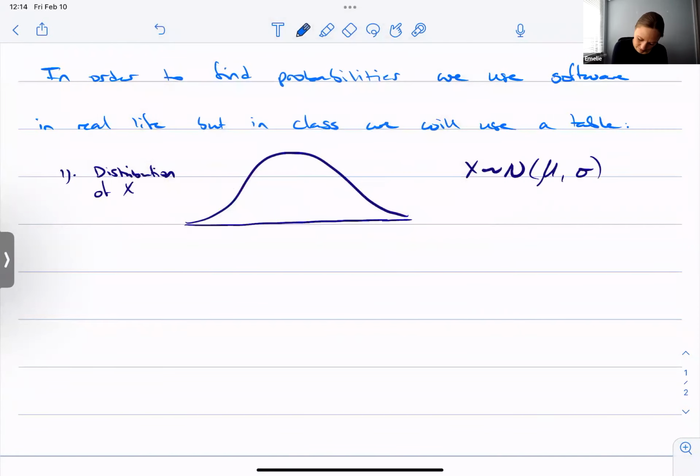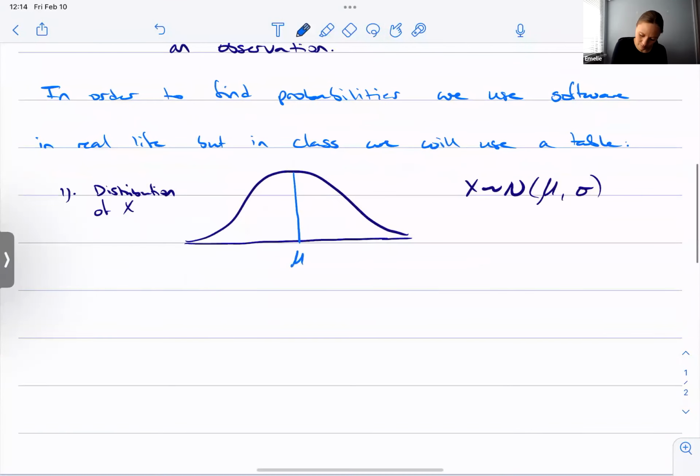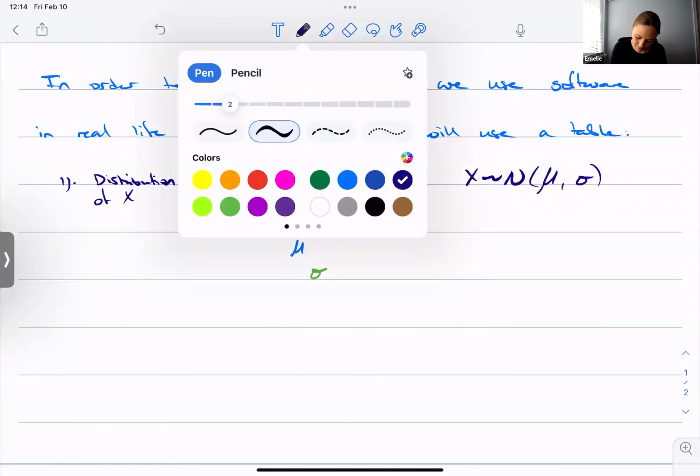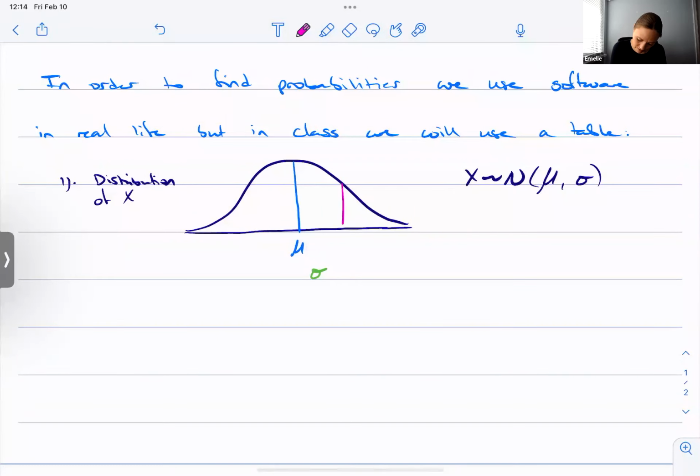That's the shape, and then the mean mu and the standard deviation sigma. Then if we have some value of X, some observation that we're interested in, and I want to find the probability of something larger than X, what I want to find is this area above X. If I want the probability of being below X, I would find this lower area.